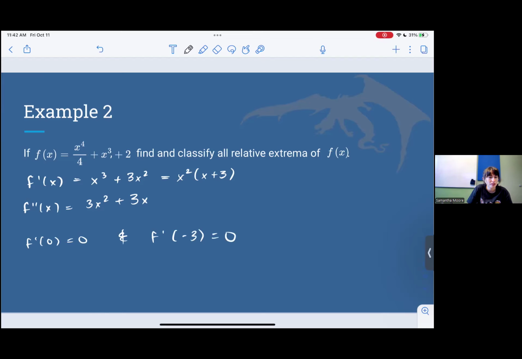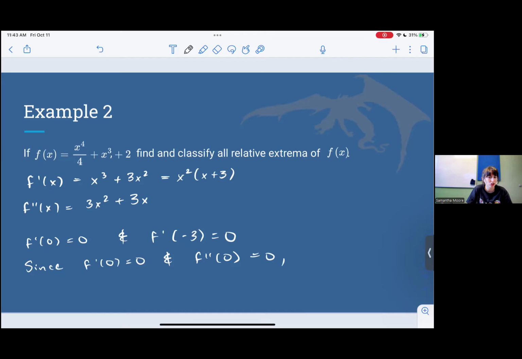Okay, so then the other part of the second derivative test was looking at the sign of f double prime at these places. So since f prime of 0 equals 0, and f double prime of 0, let's see, that's going to be 3 times 0 squared plus 3 times 0, so that equals 0.